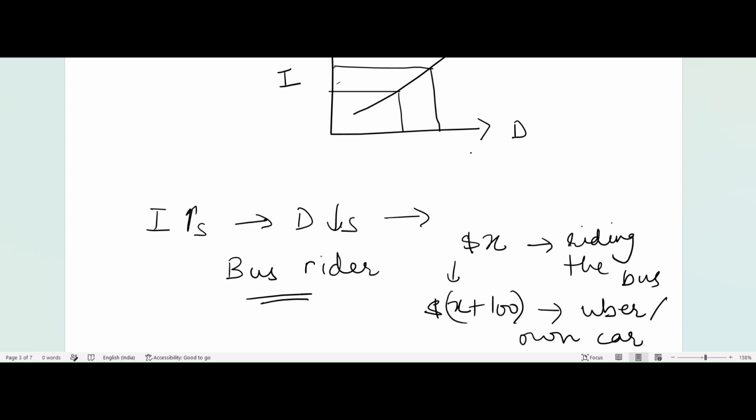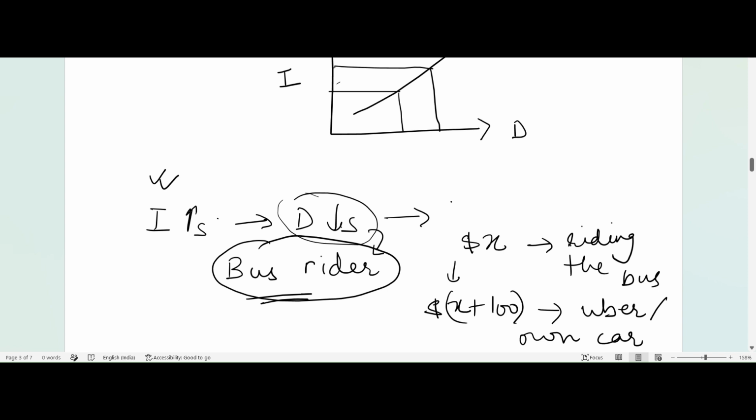So in that case, if I'm looking at my demand for bus rides or buses, as my income goes up, there is a decrease in demand for buses by me to travel from one place to another, as my income has increased.